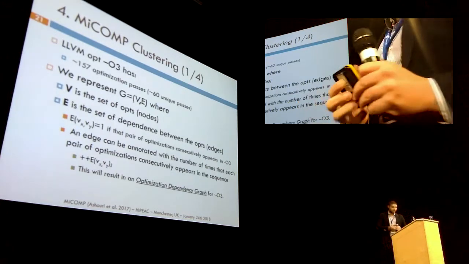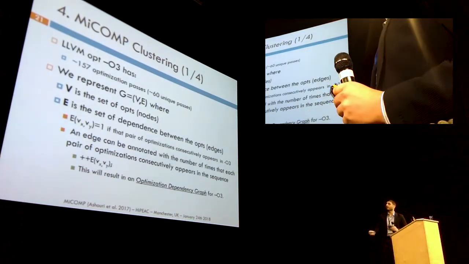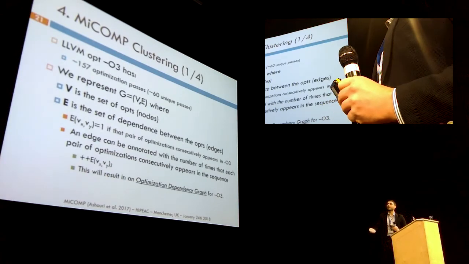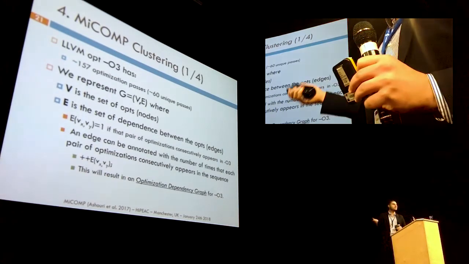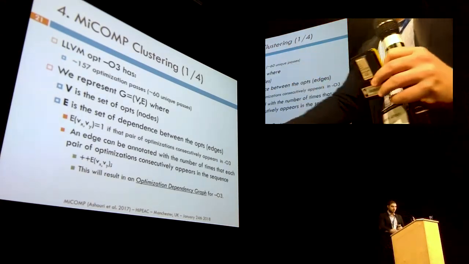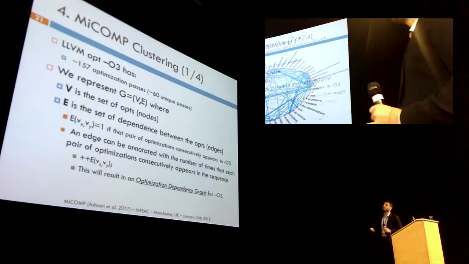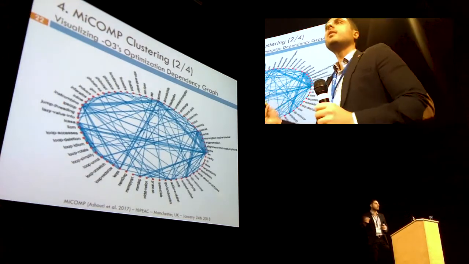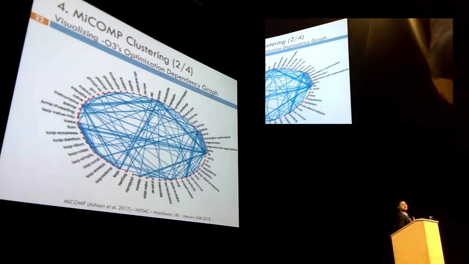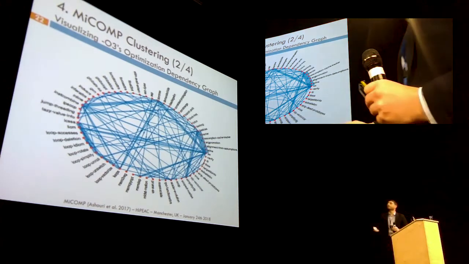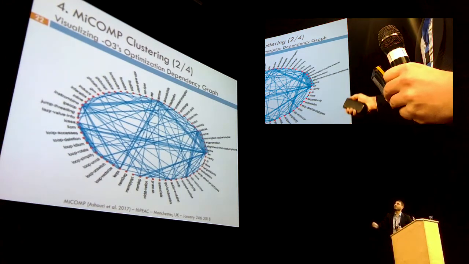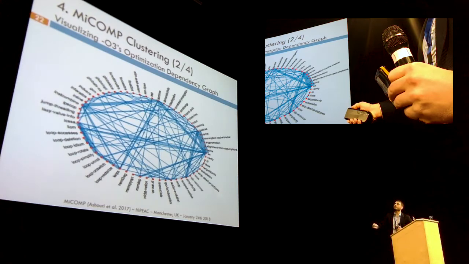And we generated an optimization dependency graph, and we count the number of times each pair appears in the same O3 optimization sequence. So this lets us generate a graph for optimization O3. These are the 60 unique passes that are in LLVM O3, and you see the higher the number of consecutive pairings, the wider the arrow.